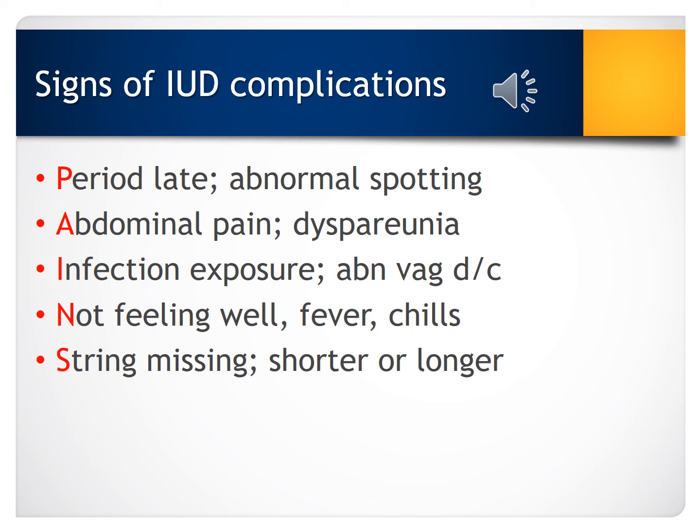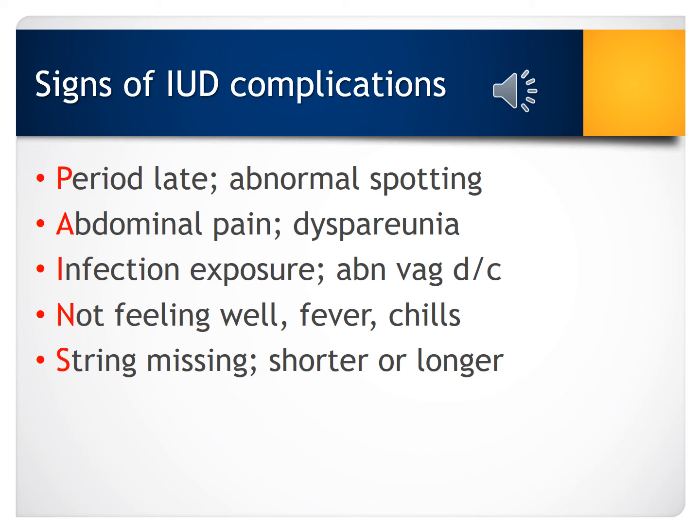Because again, remember, there is a string that hangs outside of the cervix in the vagina. And if a woman has a vaginal infection like gonorrhea or chlamydia, that infection can adhere to the string and ascend up into the cervix, into the uterus, all the way up into the fallopian tubes, which could lead to PID, pelvic inflammatory disease.